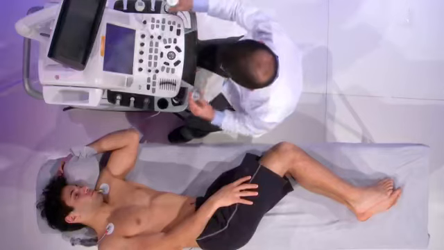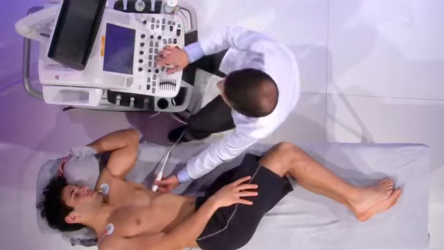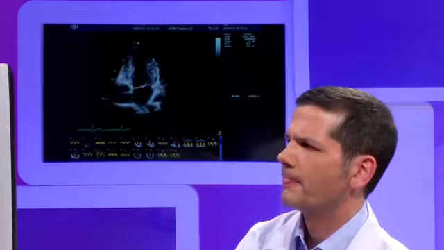What is the background in using this to assess diastolic function?